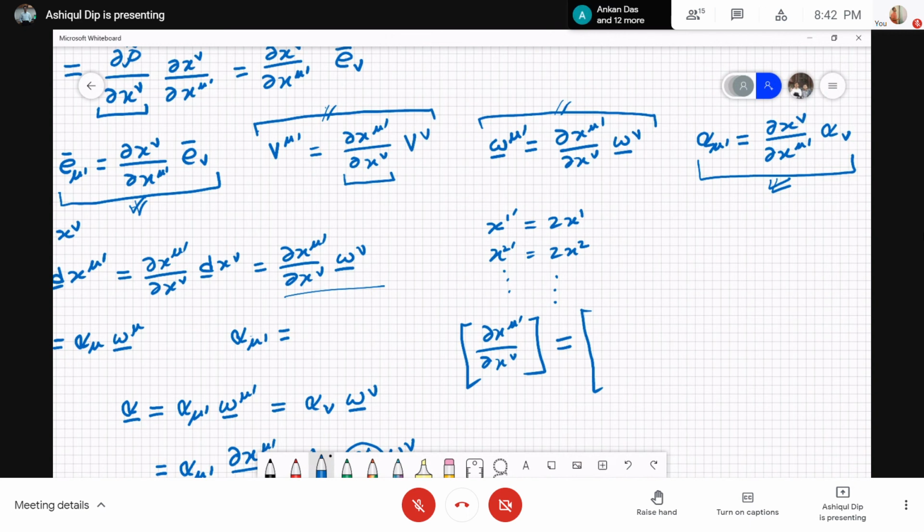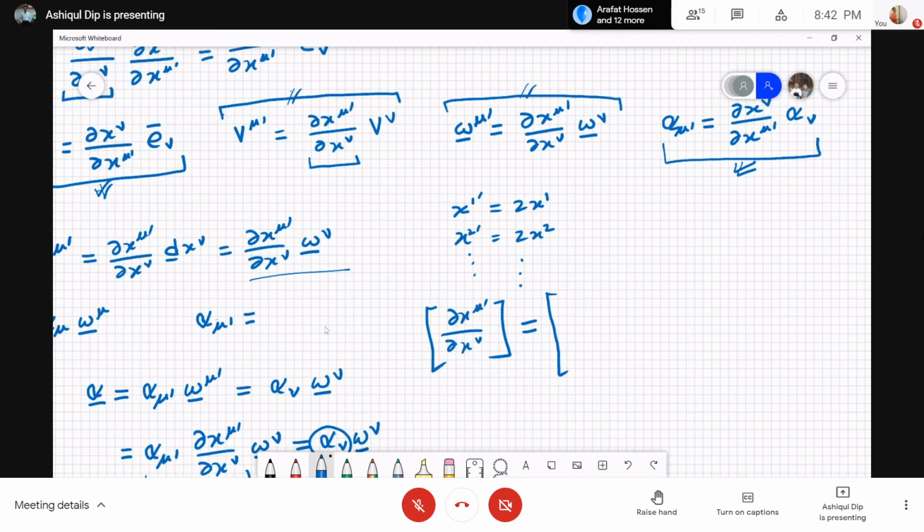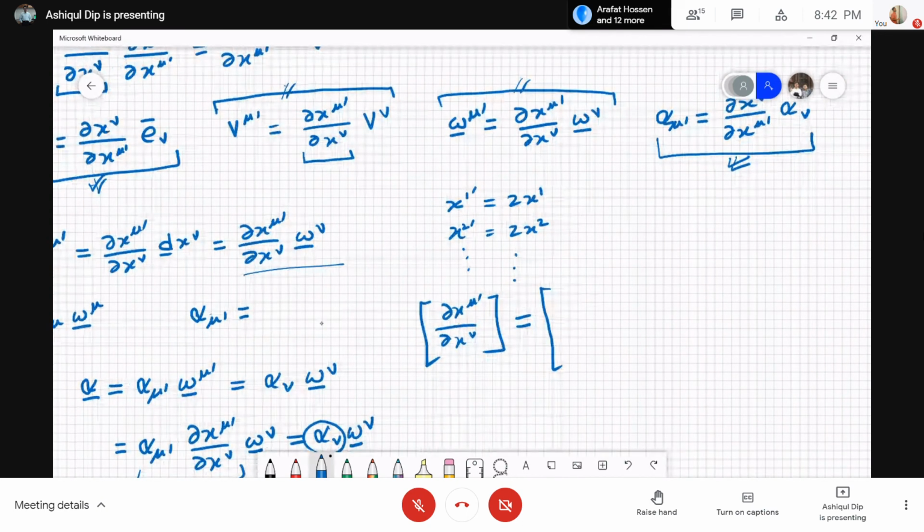Diagonal, all the diagonal entries 2. So yes, the first part, this one, is nothing but delta x1 prime by delta x1, right? Yeah. So it will be just 2, like that.